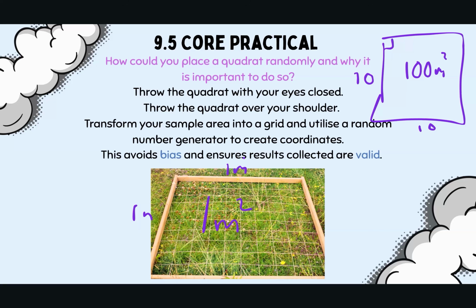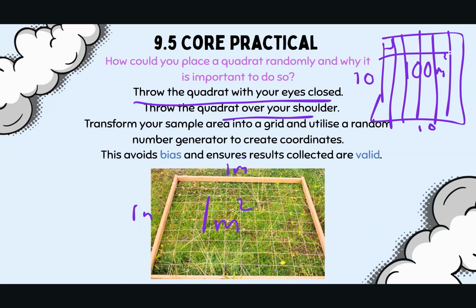So what you do instead is you throw the quadrat with your eyes closed into random spaces, or you throw it over your shoulder. Or what you can do is on a piece of paper, you split this into 10 by 10 squares, and then you label everything. So you might say this is A, B, C, D, E, F, and 1, 2, 3, 4, 5, 6, 7.